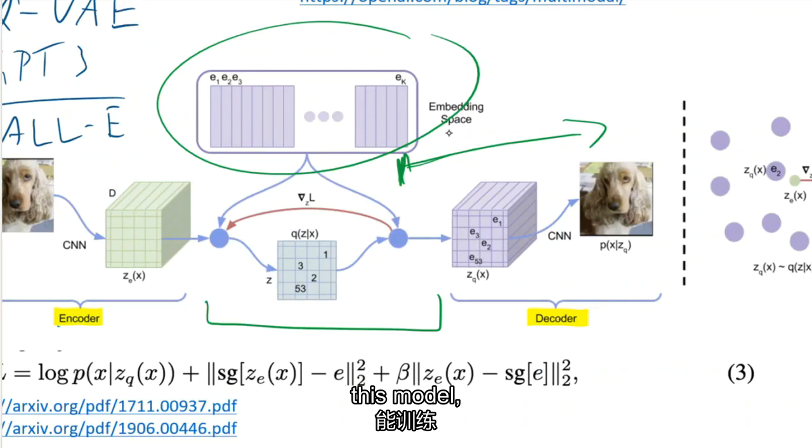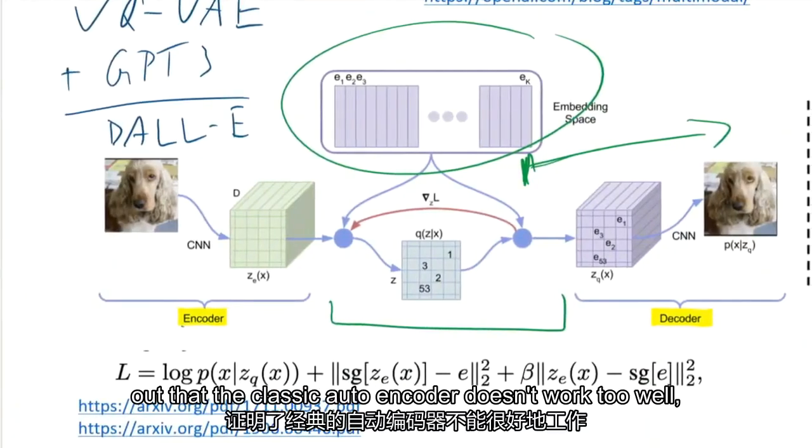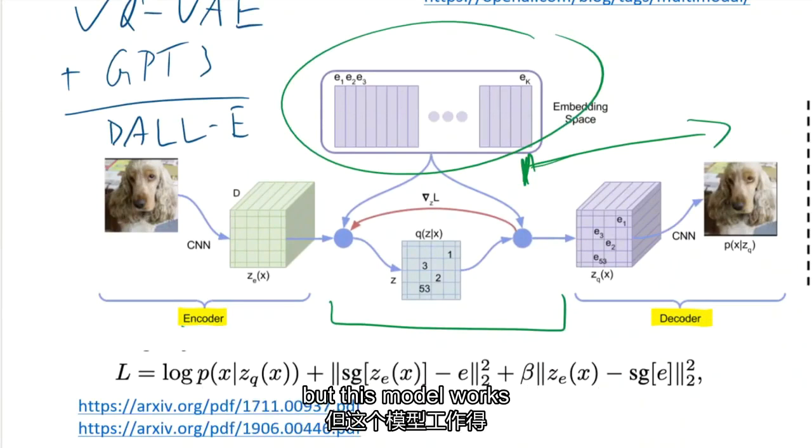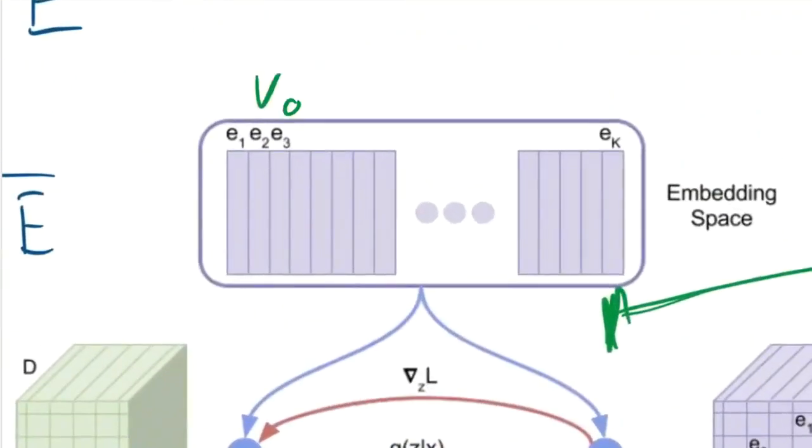If you can train this model, you're going to get some sort of representation in the middle that describes the image, otherwise you couldn't reproduce the image. There have been many models built on this concept. Now, it turns out that the classic autoencoder doesn't work too well, but this model works quite formidably. What you're going to have is this vocabulary right here.